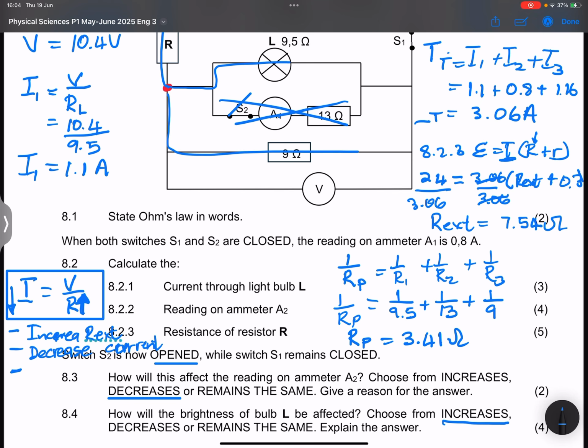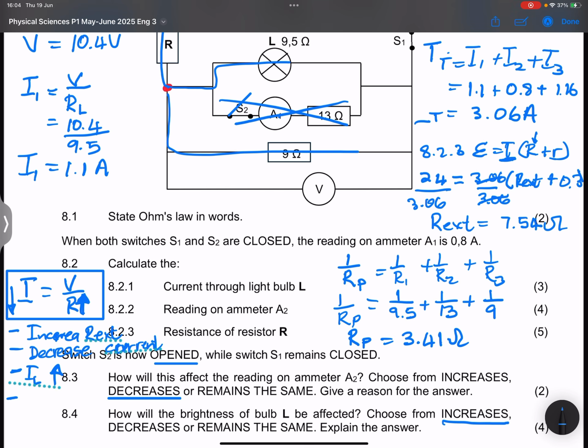But in this case, current divides in two ways instead of three, and so it means the total current passing through the light bulb will increase. Okay, so current through L, so IL will increase, and so which means that the brightness will too.